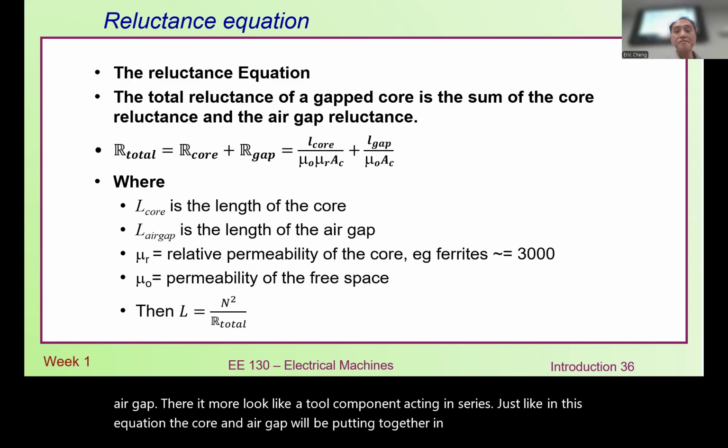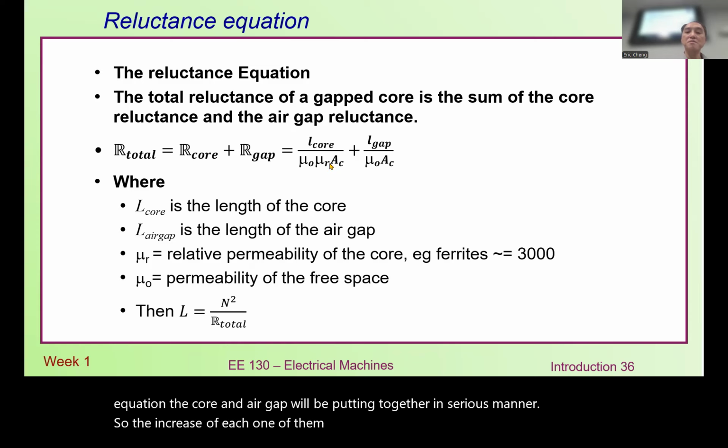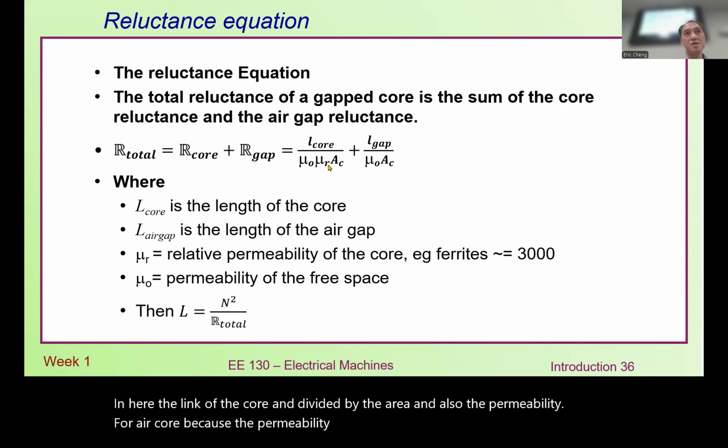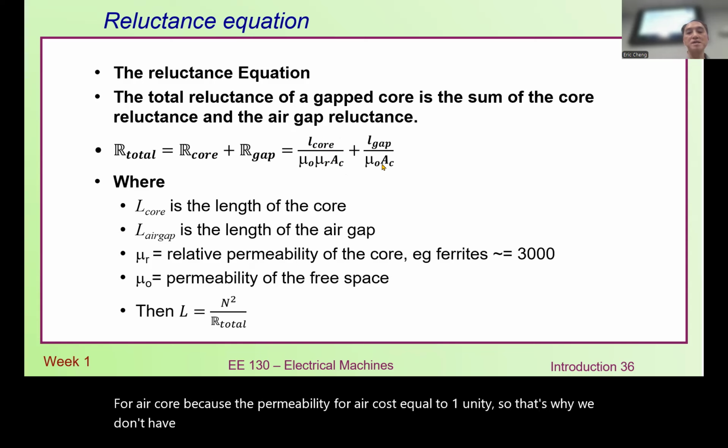The equation for each of them, which we already showed you, mainly involves the physical parameters: the length of the core divided by the area and the permeability. For the air gap, because the relative permeability of air is equal to 1, unity, we don't have any mu parameter here. And the area for the air gap is something we need to look into.